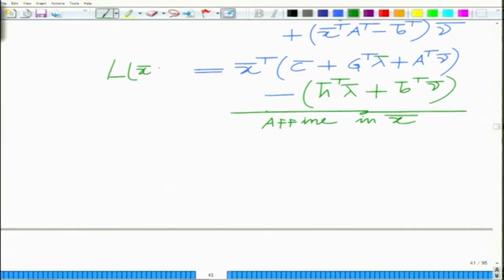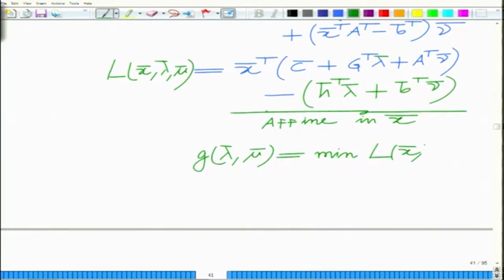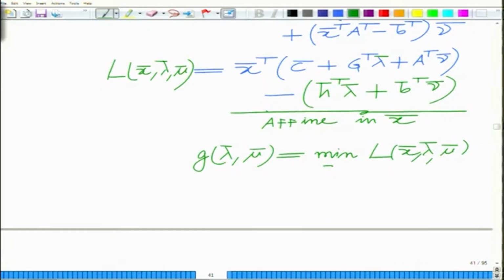If you look at the duality theory, now we have to find g of lambda bar, nu bar, which is the minimum of the Lagrangian, for each value of the Lagrange multiplier vectors lambda bar, nu bar. We have to find the minimum with respect to x bar.